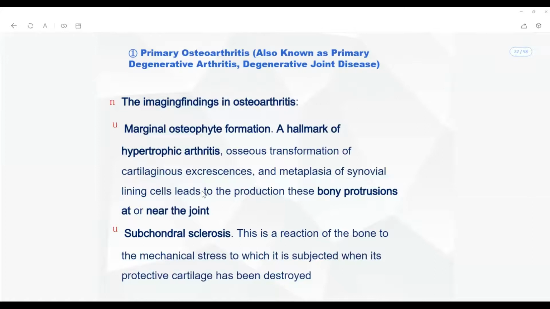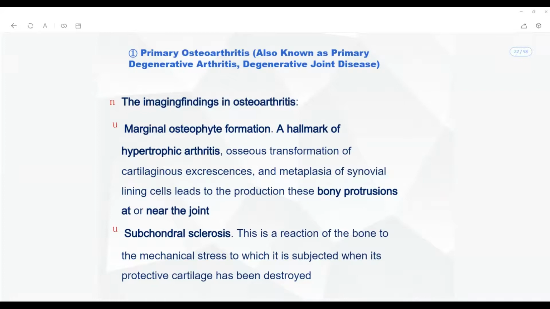Did you understand this point? Yes or no? What I meant to say is that the side of the joint which is trying to prevent you from doing that abuse is the side where we are going to find the subchondral sclerosis. Is this point clear?